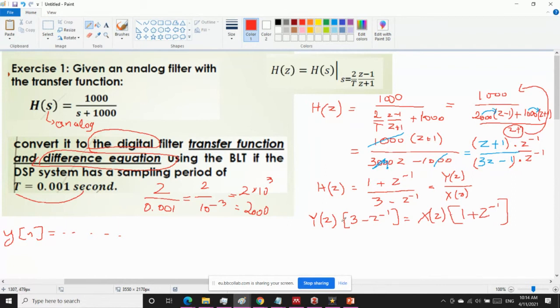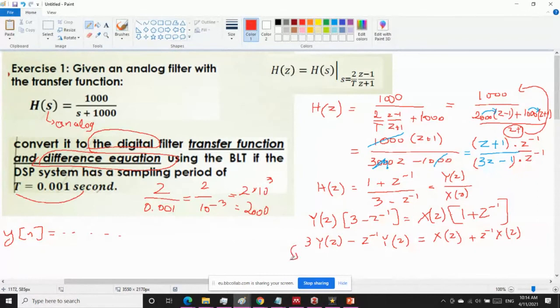Now we distribute, so this becomes 3Y(z) minus Z to the power of minus 1 Y(z) equals X(z) plus Z to the power of minus 1 X(z).